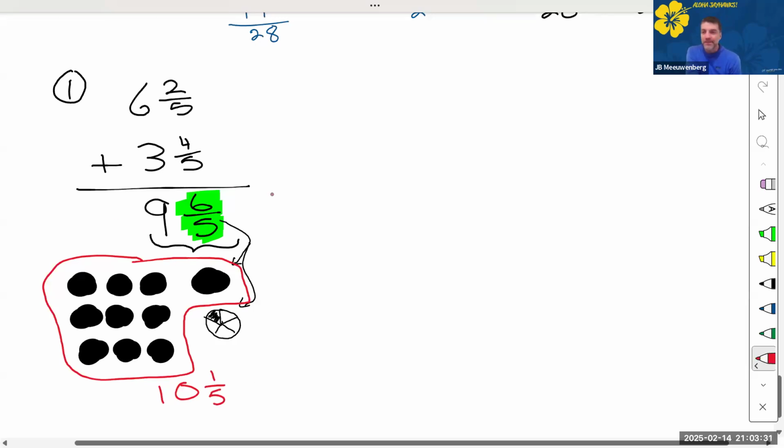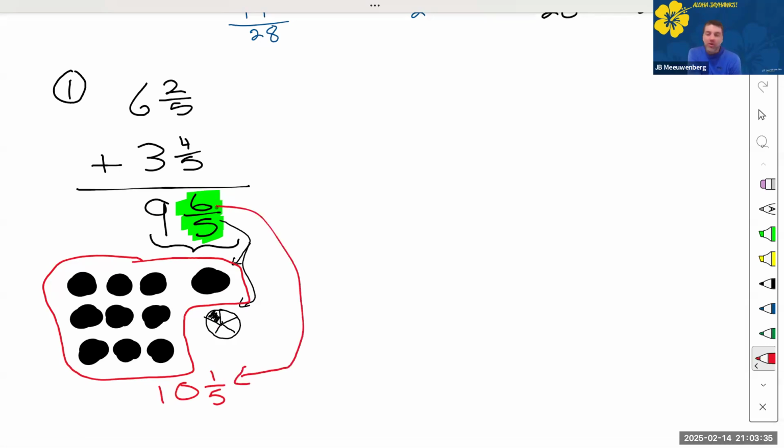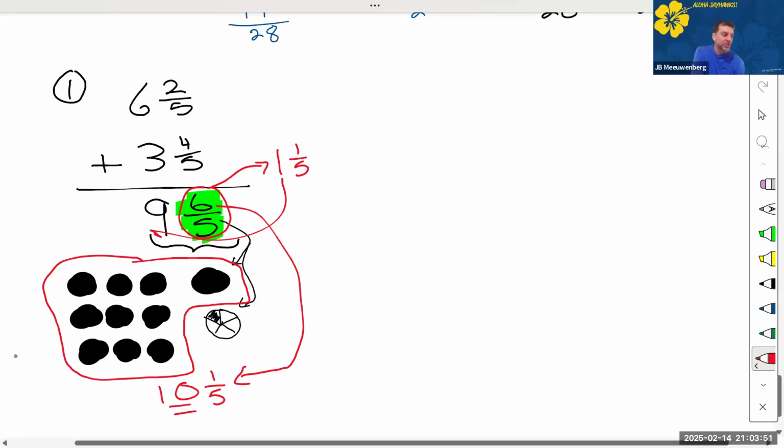So this mixed number here simplifies to this. Another way you can think about that is take your 6/5 and change it to 1 1/5, like you normally would do with an improper fraction. And then you add that back to the 9. 9 plus that 1 is going to give you that 10. This is just a visual of what's happening there.